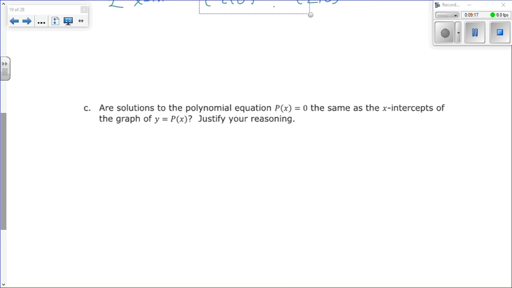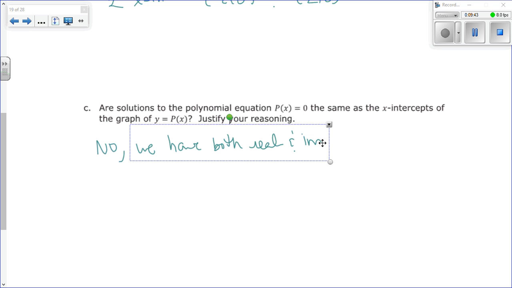Are solutions to the polynomial equation p of x equals 0 the same as the x-intercepts of the graph of y equals p of x? Justify your reasoning. The answer to this is no, because we have real solutions and imaginary. So we have both real and imaginary, or complex, solutions.